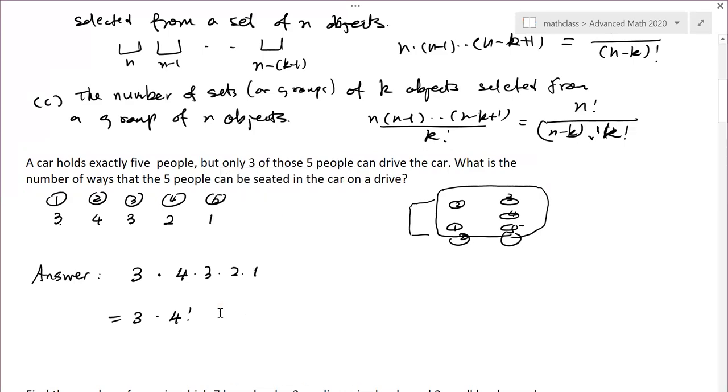Now you can compute it. 4 factorial is 24, times 3 is 72. So the answer is 72. Clear?